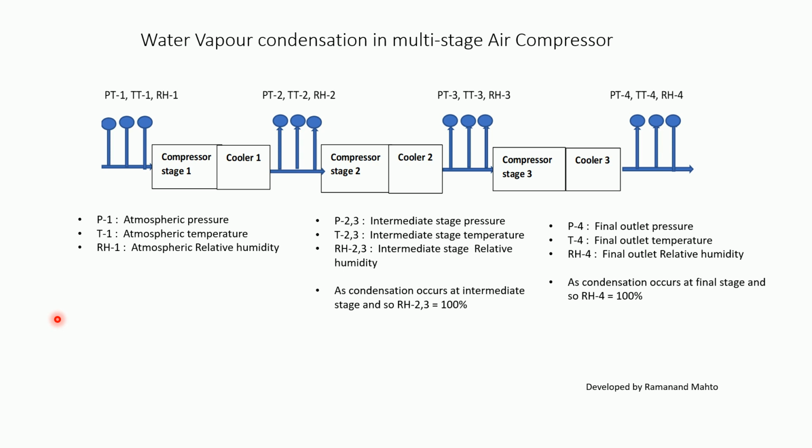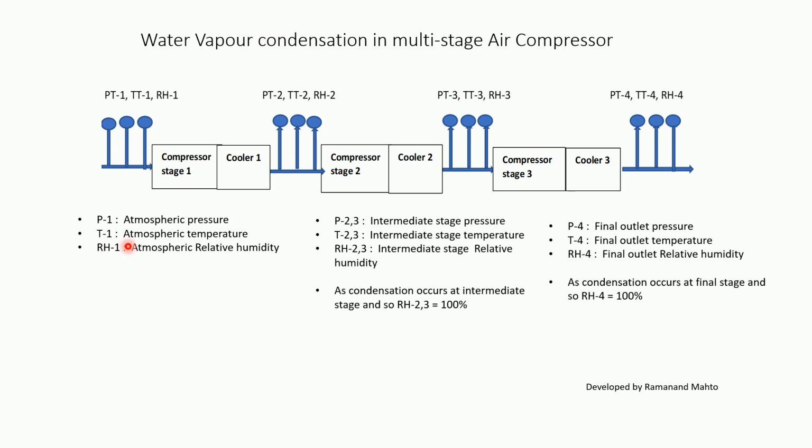This is a schematic for 3-stage air compressor, where compressor 1 with cooler 1, compressor 2 with cooler 2 and compressor 3 and cooler 3. Compressor takes the suction from atmospheric condition. We can write PT1, TT1, RH1, and similarly for intermediate stage pressure P2, T2, RH2, similarly P3, T3, RH3, and for final stage it is P4, T4, and RH4.